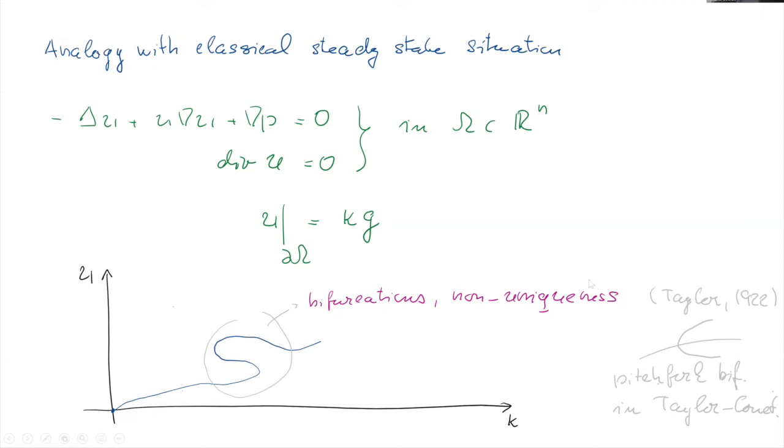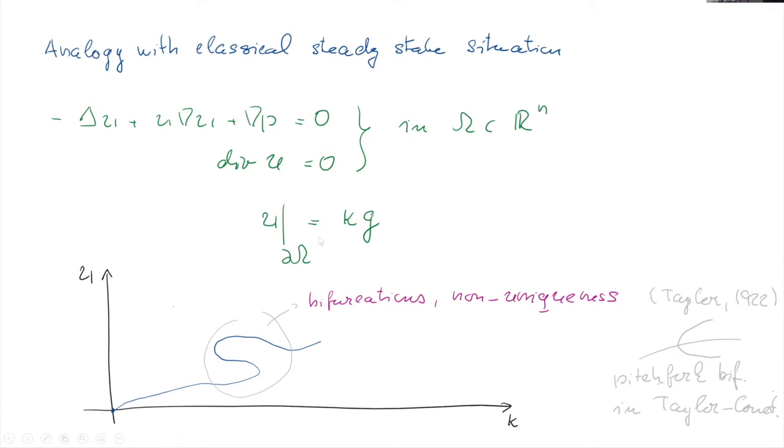One of the first computations of this was done by G.I. Taylor in the 1920s for the Taylor-Couette flow, and there have been a few more, but not too many.